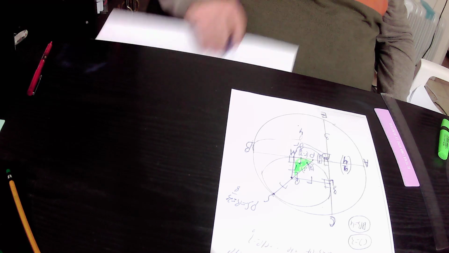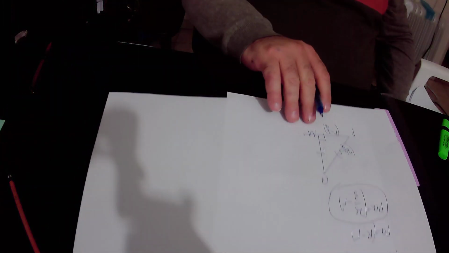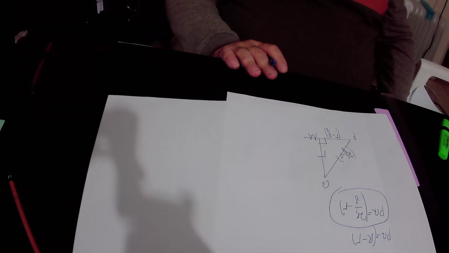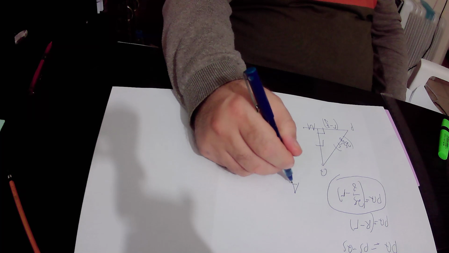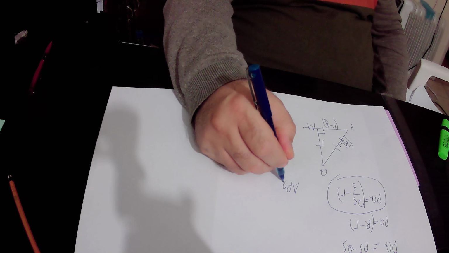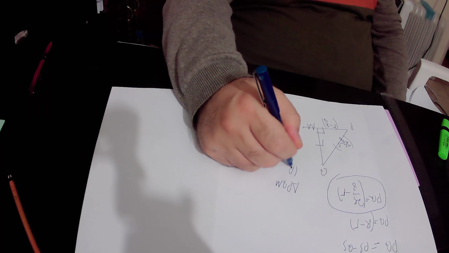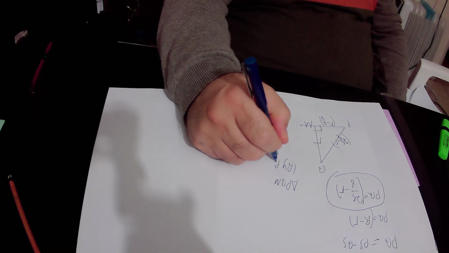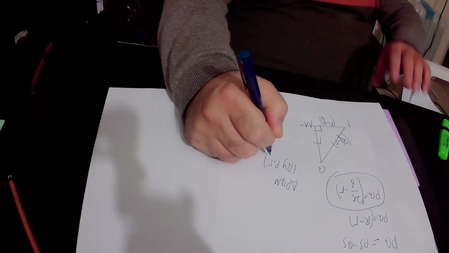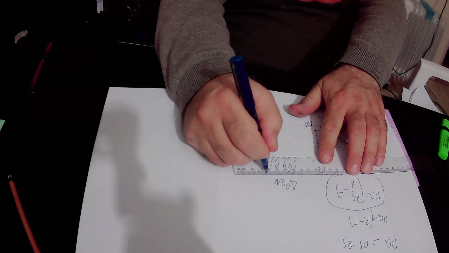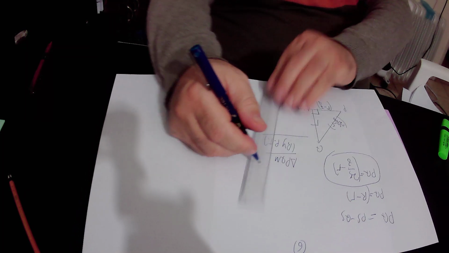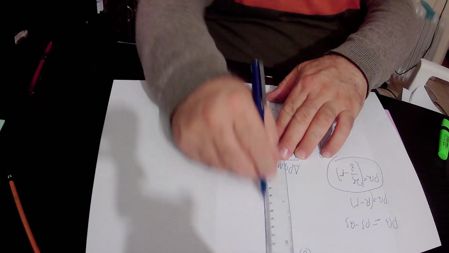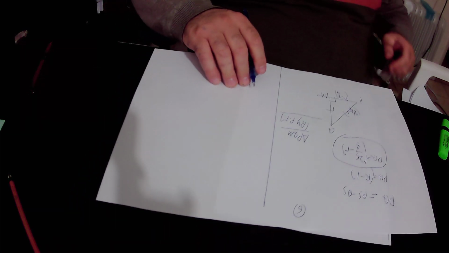So this is the right triangle QPM with its sides. We will implement the Pythagoras theorem on the right triangle PQM. According to the Pythagoras theorem, the square of the hypotenuse equals the sum of the squares of the perpendiculars.